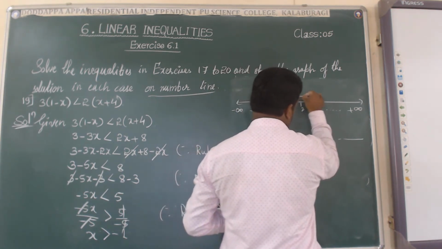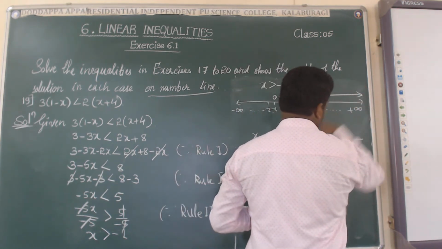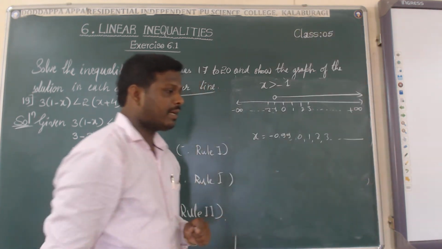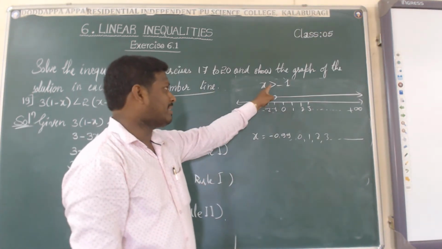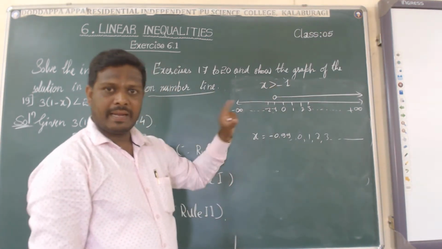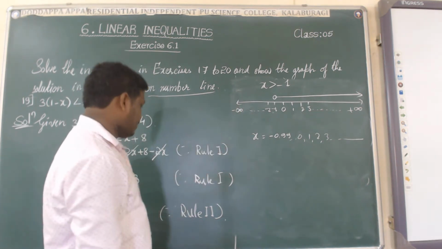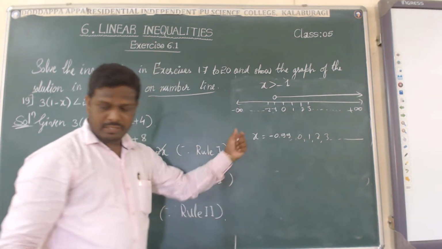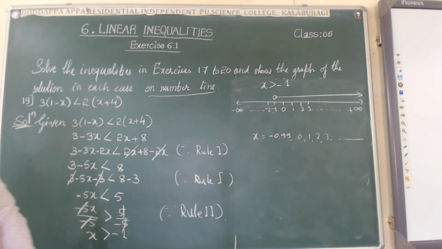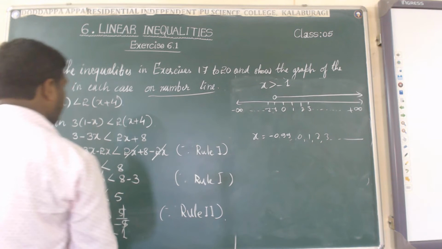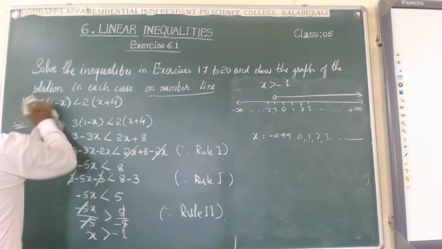So draw this side, up to infinity we can take the value of x. It means x is more than minus 1. Getting this one? Very simple, is it. This is the solution here. Please copy. Now I am moving to the next question, that is 20.